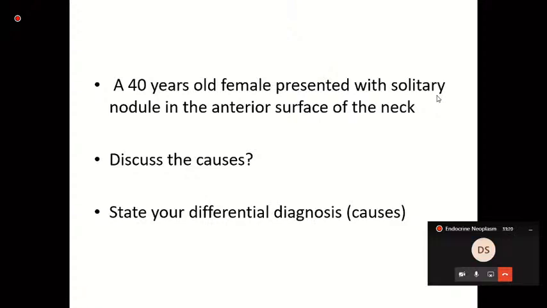What else? Goiter. Goiter is not solitary. Usually goiter is diffuse, right? What else?